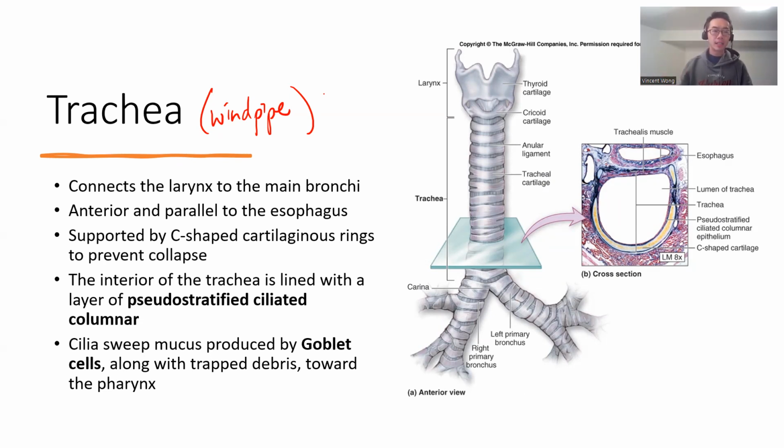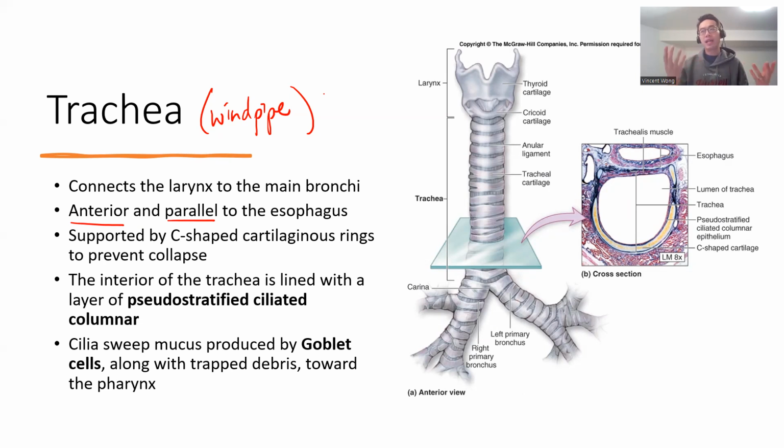It is anterior, which means in front of, and parallel to your esophagus. We labeled that last time already, when we did the head. And it's important to keep the trachea open because whenever we exhale, as you will see, the pressure actually drops in the airway.